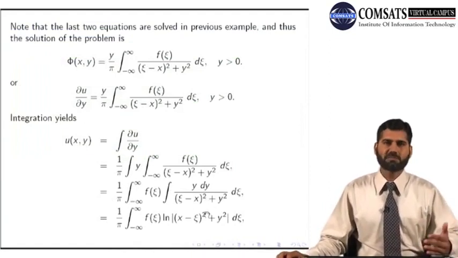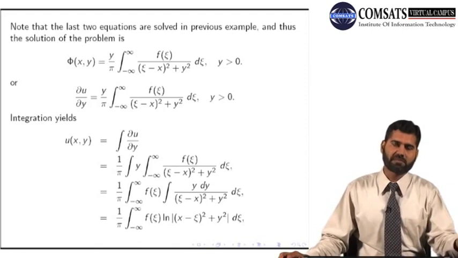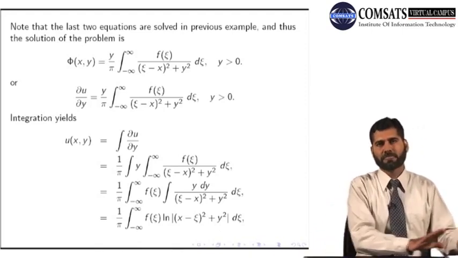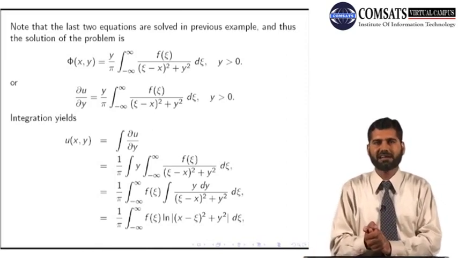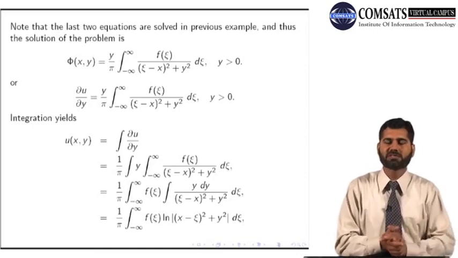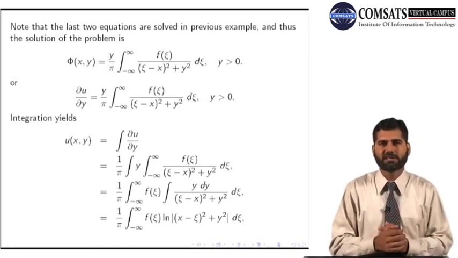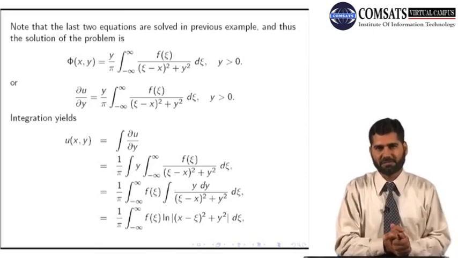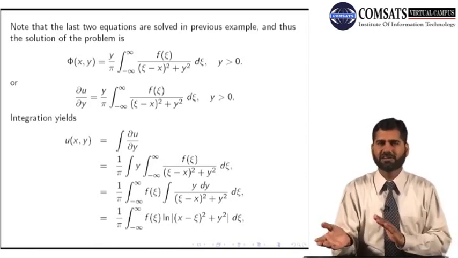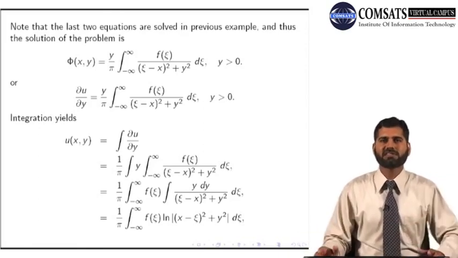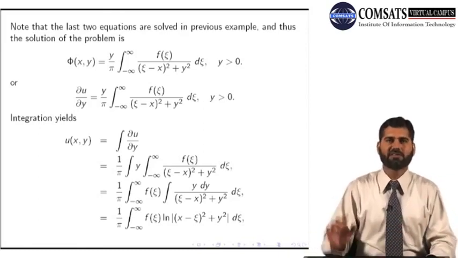Here we used it just because we just solved the Dirichlet problem before, where u(x,0) was f of x, and we had the solution for that problem. So we converted our new problem to the old one and used the solution of the old problem to get the new solution. So if you are doing both problems simultaneously, then we can use the solution of the first to solve the other one. But if only one question is being asked, you have to prove everything.